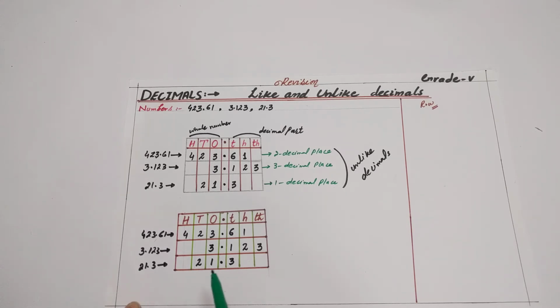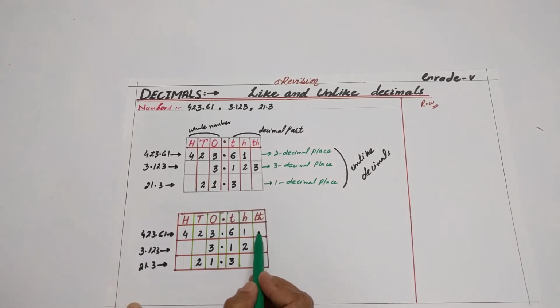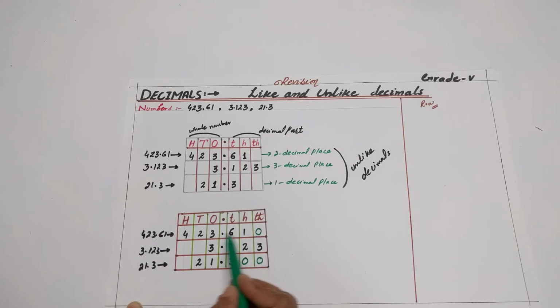Very simple. You have to fill the blank spaces with the help of 0. Where you find blank places, you put zeros. Why 0? Because 0 will not change the value of 423.61, and also 0 will complete the decimal places.